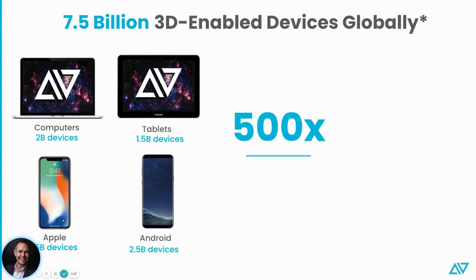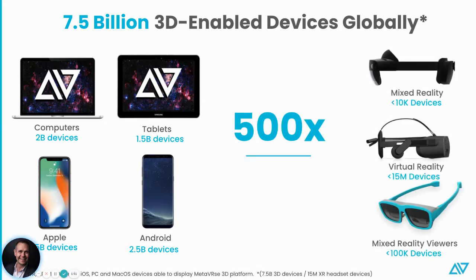These phones represent, however, 500 times more devices on the market than all of the VR, AR, MR glasses combined. But we believe that we're going to go from phone to face over the next 3 to 5 years, so this is rapidly advancing.